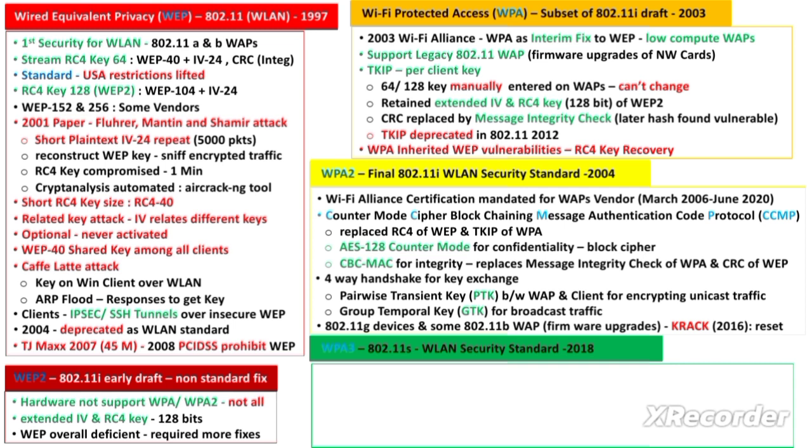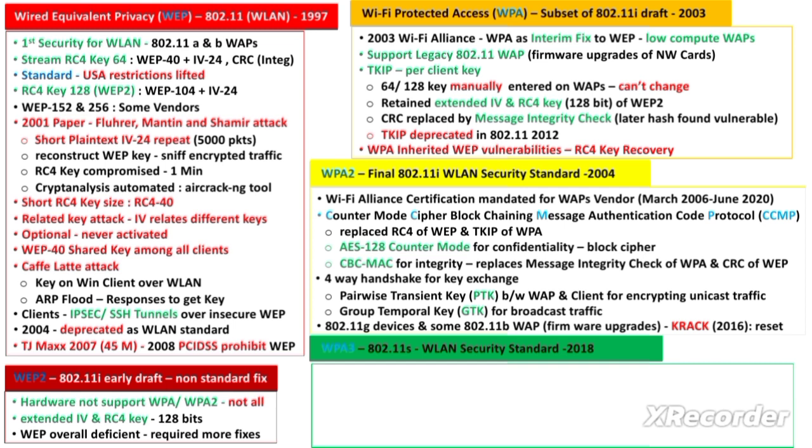The 802.11g series of devices bear this certification, and also some 802.11b devices or wireless access points by doing their firmware upgrades. In 2016, an attack was demonstrated on WPA2, and this attack is known as key reinstallation attack or KRACK.